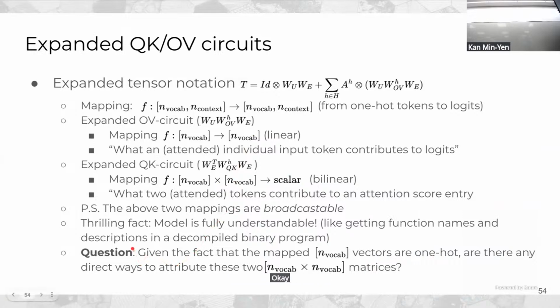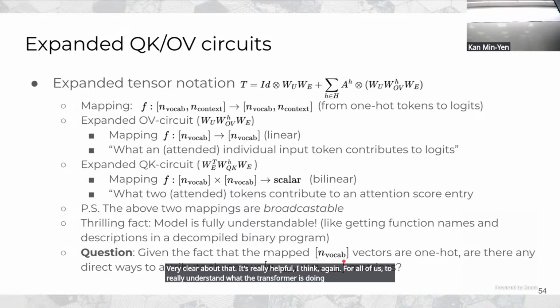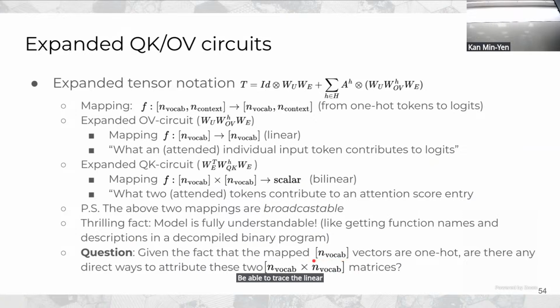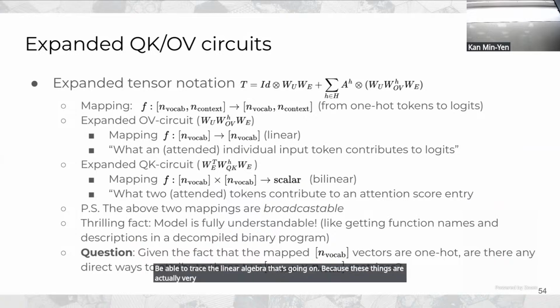Okay, so we should continue, but if you are not very clear about that, it's really helpful for all of us to really understand what the transformer is doing and be able to trace the linear algebra that's going on, because these things are very crucial from a technical perspective.